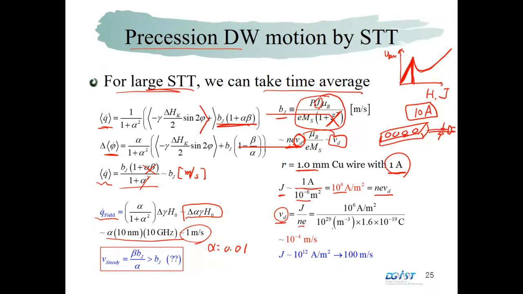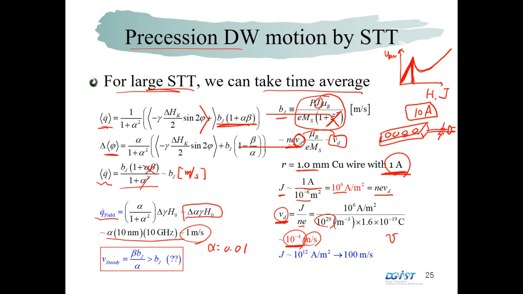The charge carrier density in copper is on the order of 10 to the 29 per meter cubed. So we can obtain 10 to the minus 5 meter per sec. So the drift velocity of this current is very slow. It's very, very slow.